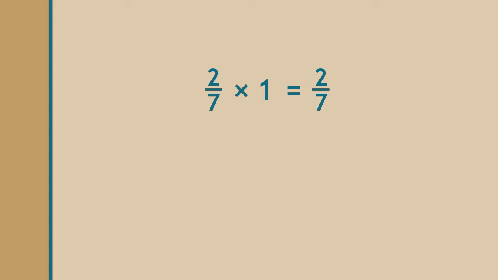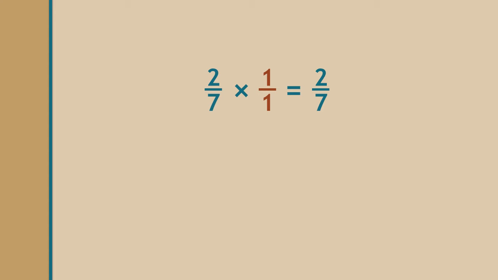Now, another way that you can write this equation is you can have the 1 look like this. Because remember, we said that any fraction that has a number that's the same as the numerator and the denominator is equal to 1. So let's do our multiplication straight across. 2 times 1 is 2, 7 times 1 is 7. So indeed, 2/7 times 1 over 1 is equal to 2/7. So that is a great picture of our identity property of multiplication.